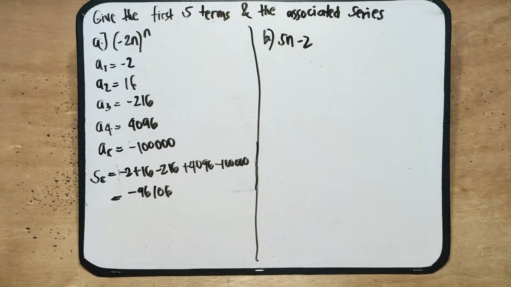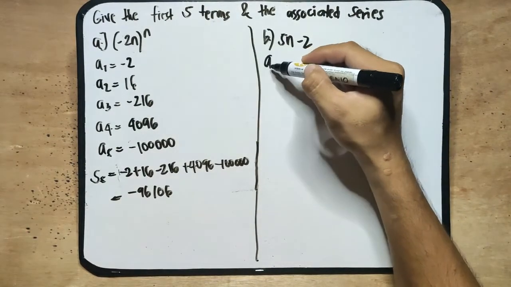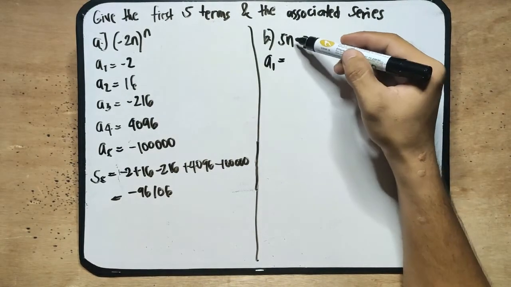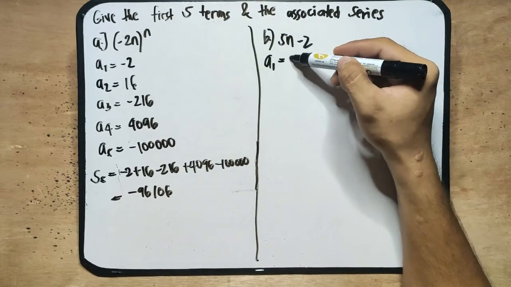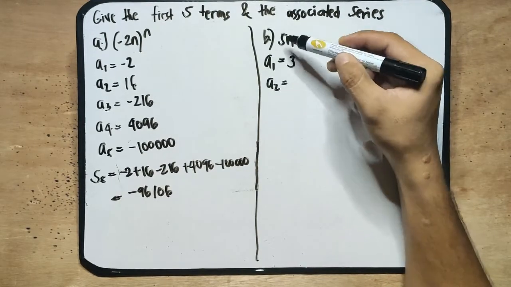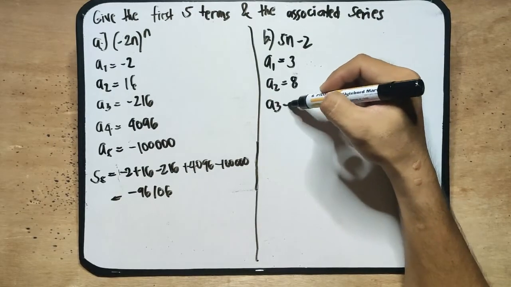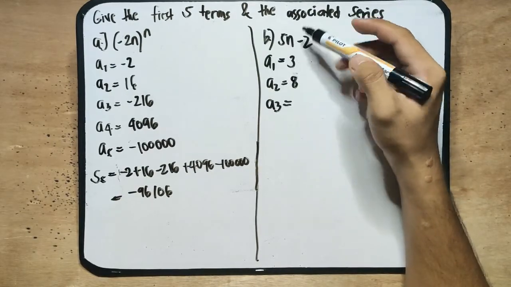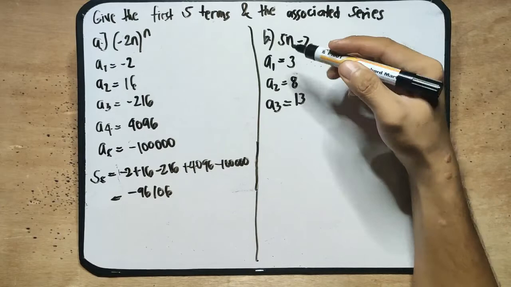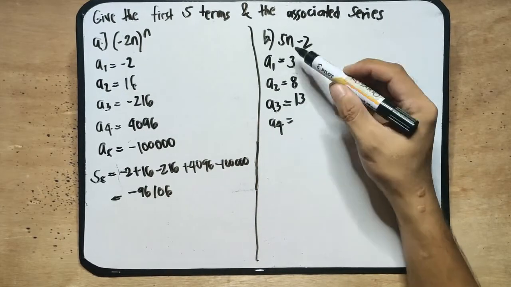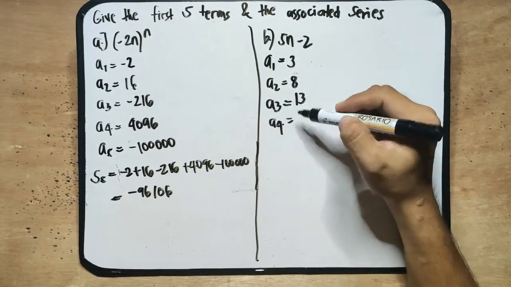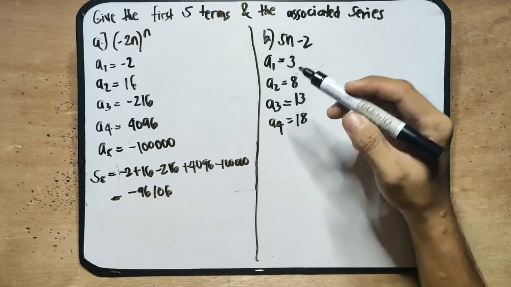Second item, we have 5n minus 2. So the first term is if n is 1, then 5 times 1 is 5, minus 2 is 3. The second term, 5 times 2 is 10, 10 minus 2 is 8. The third term, we have 5 times 3 is 15, minus 2 is 13. The fourth term is 5 times 4 is 20, minus 2 is 18.